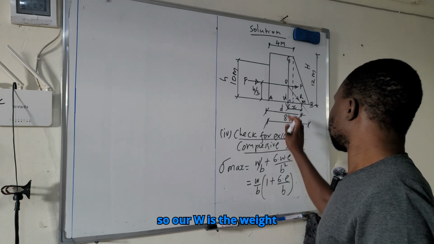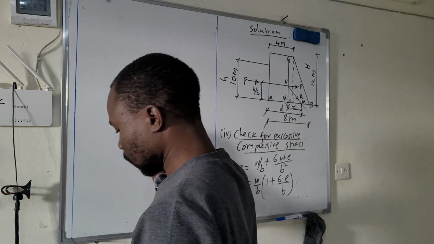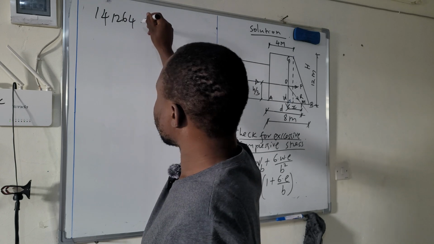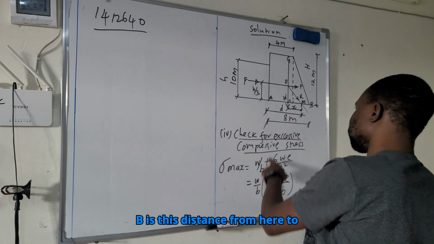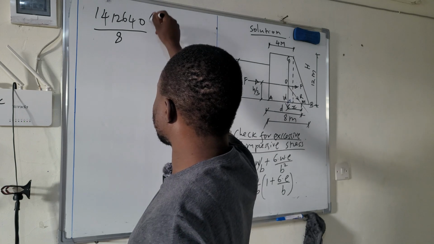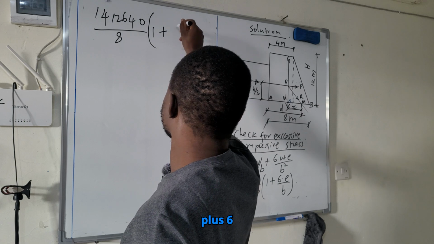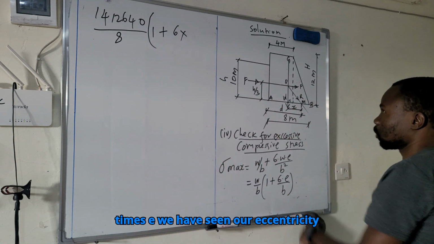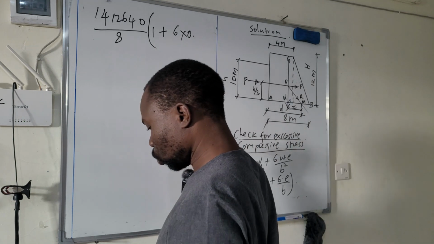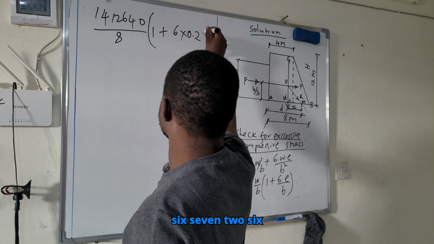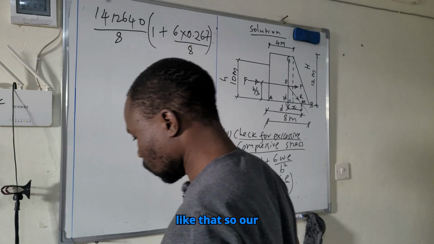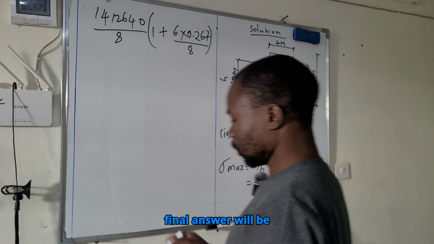So our W is the weight of the dam, which is 1,412,640 over B, this distance from here to here, which is 8, into bracket 1 plus 6 times E. We have seen our eccentricity was 0.267, which we calculated earlier, over B, this is 8.